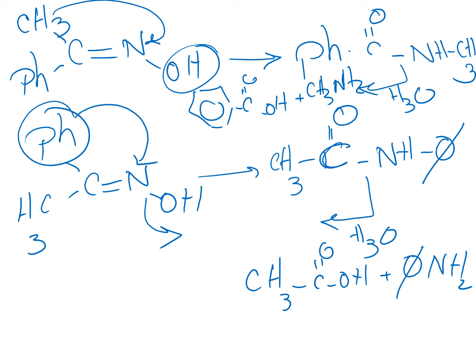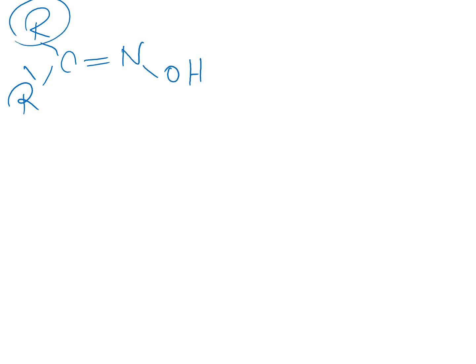As you have seen, this reaction deals with the ketoximes, where you have two R's attached to the carbon, and you are trying to decide which one is in the anti position and which one is in the syn position to the OH.